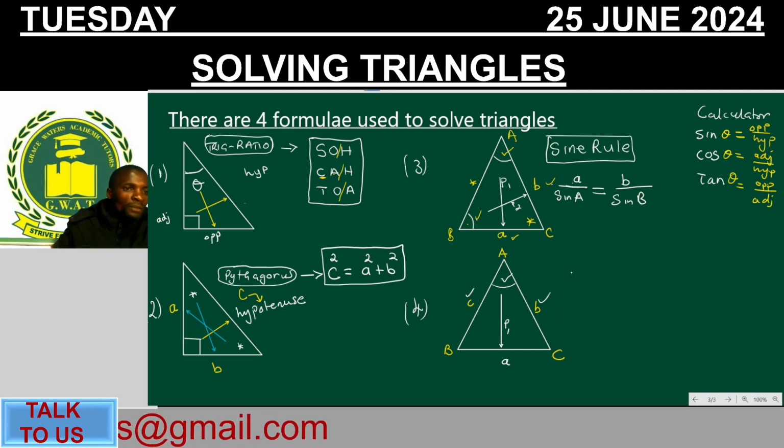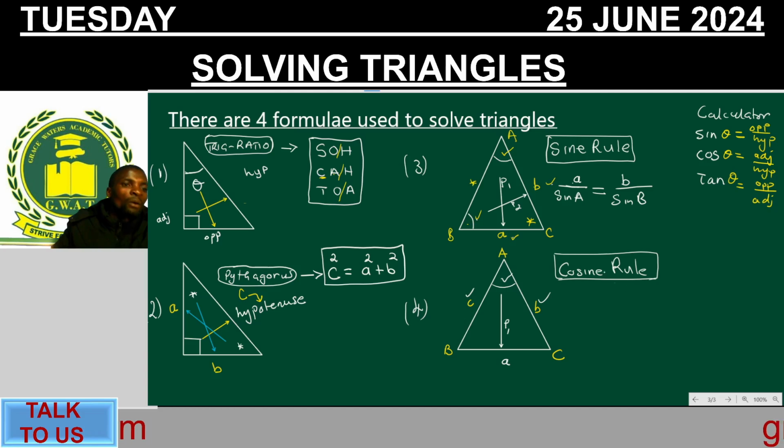So I want you to listen very carefully. We use what you call the cosine rule, or the cosine formula. There are so many variants of the cosine formula, but I chose only one. Listen carefully on how we write the simplest formula of the cosine rule. We need to follow these steps.